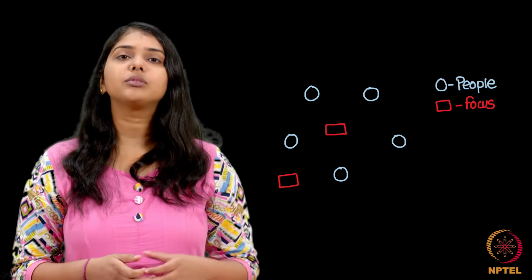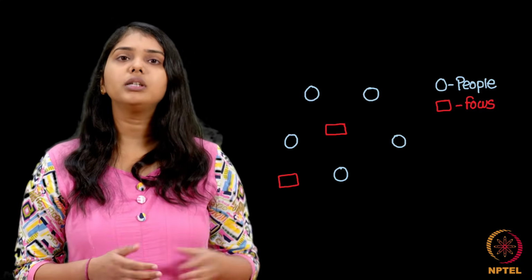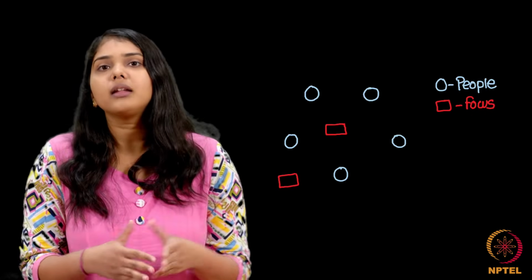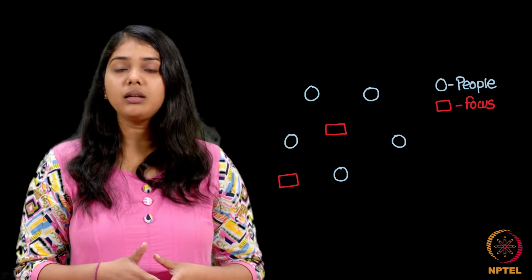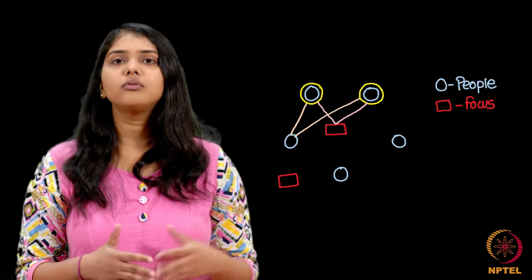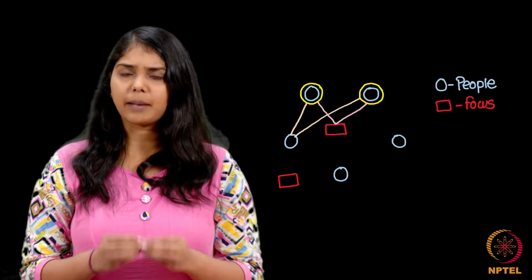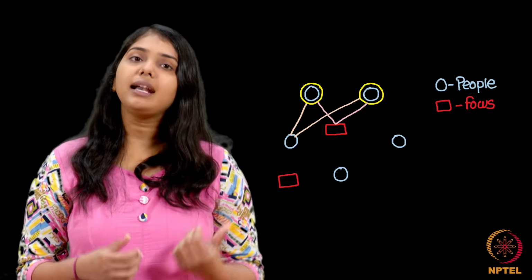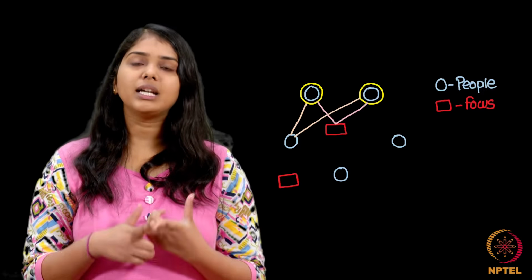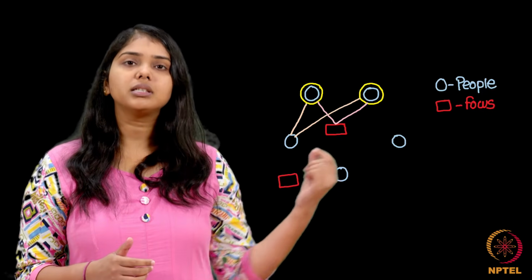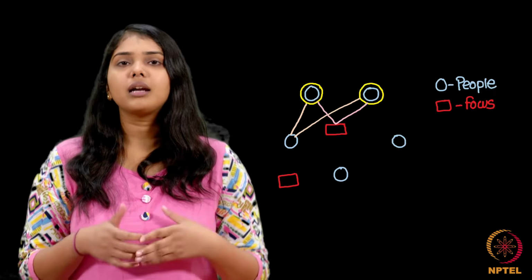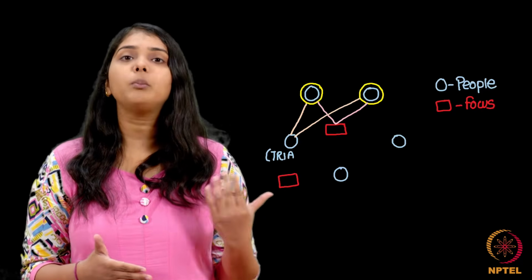In the first case, when there are two person nodes, we look at the common neighbors of these two nodes. We know that in our model the common neighbors can be a person as well as a foci. So we use the same formula for both of these things, and we capture both the triadic closure and the foci closure using the same formula. We assume that whether it's a person who is their common friend or a foci where both of them are going, it contributes a probability P of them becoming friends.